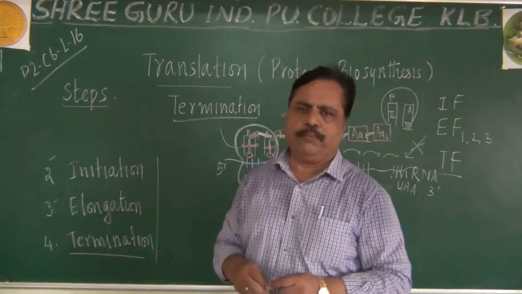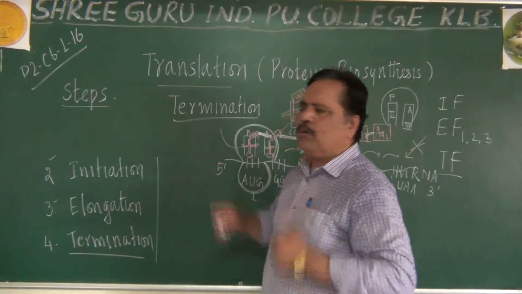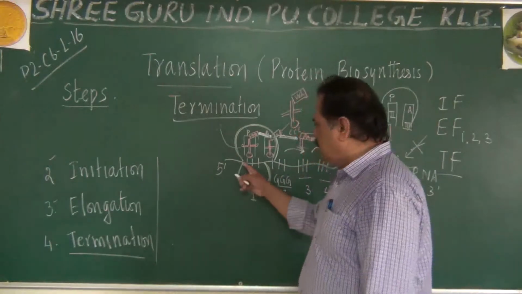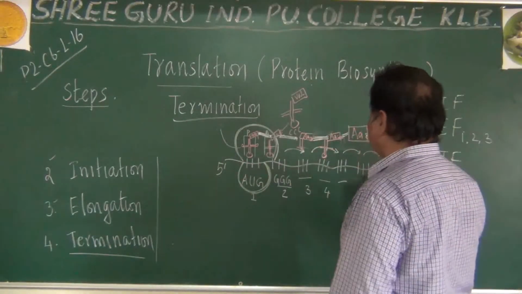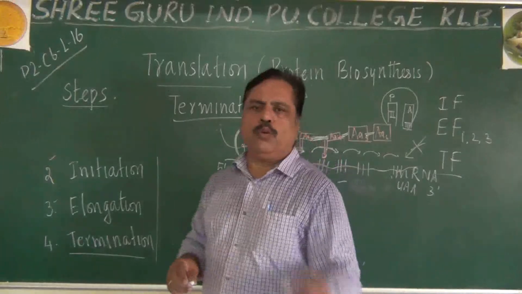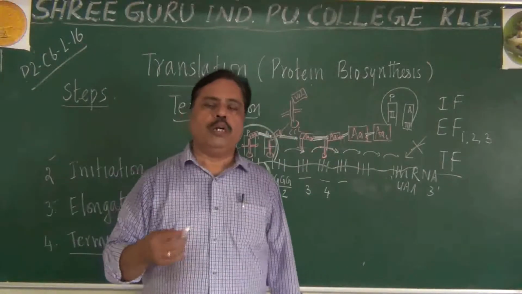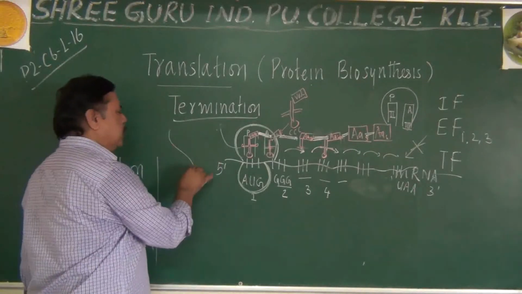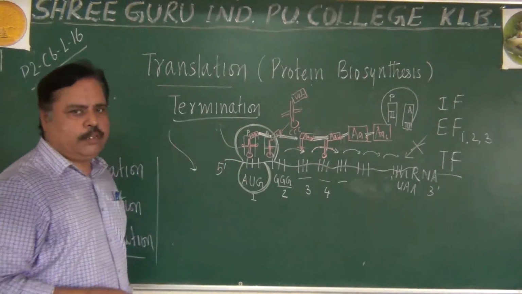Now listen to me. In prokaryotes or eukaryotes, after visiting some 20 to 25 codons, one more ribosome may come and join with the mRNA.